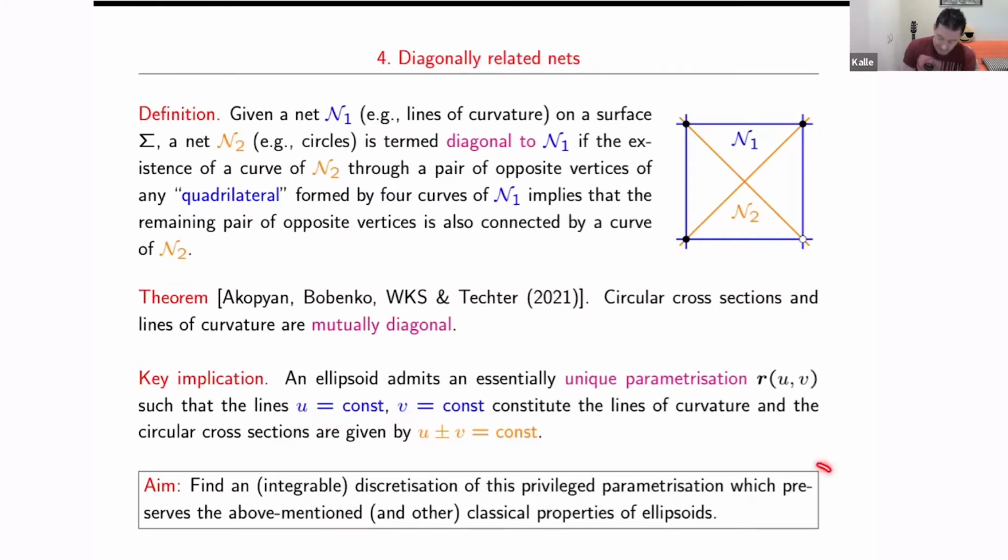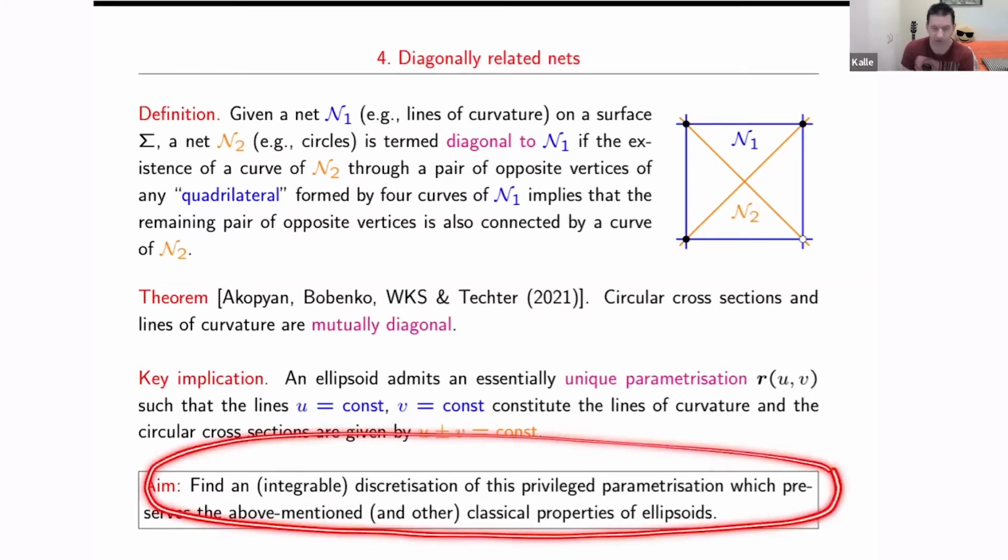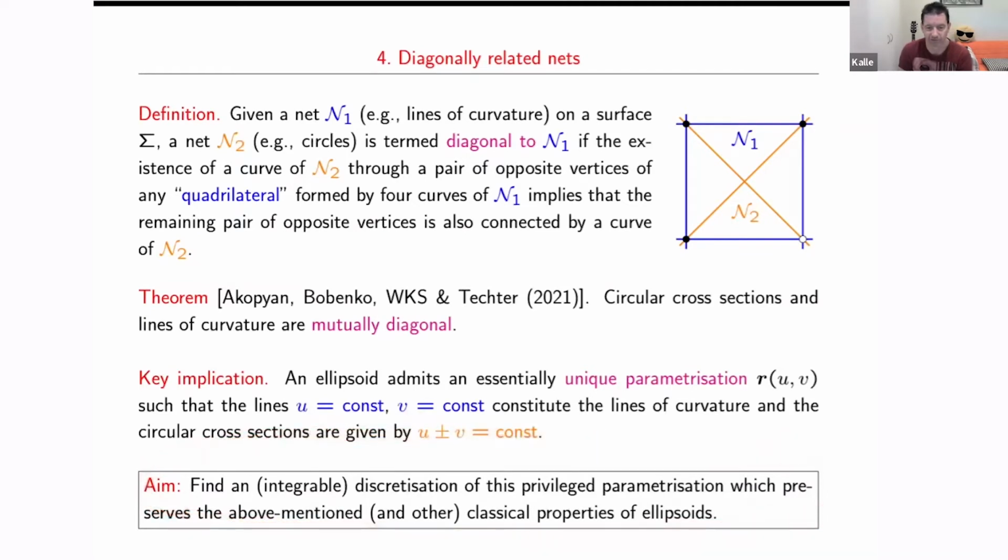Really the point here is I want to find an integrable discretization, in some sense, of this privileged and natural structure of those nets on ellipsoids, and thereby discretize ellipsoids. And in fact, there are other nice classical properties which are preserved by that discretization.